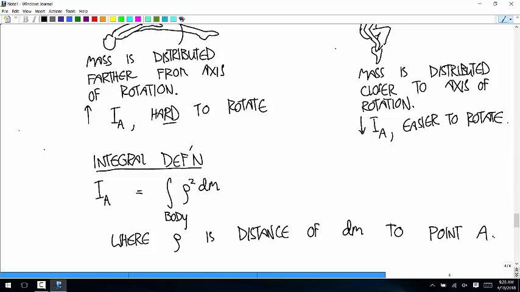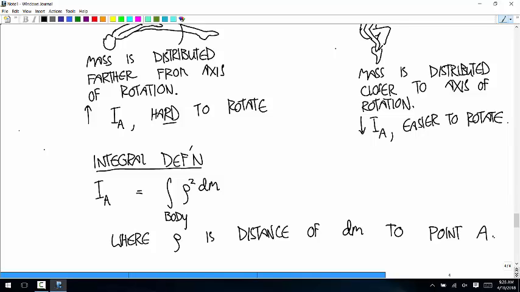You don't really break the body up, but just mathematically. Each one of those dm's is close to the axis of rotation. And so when you add up all those rho squareds times dm, you get a small number.